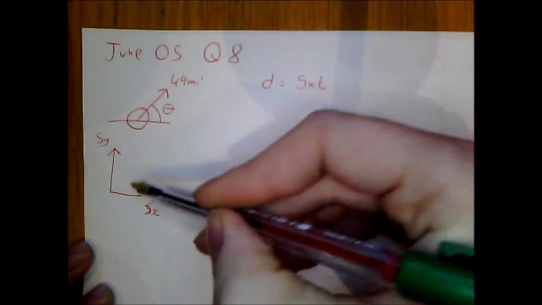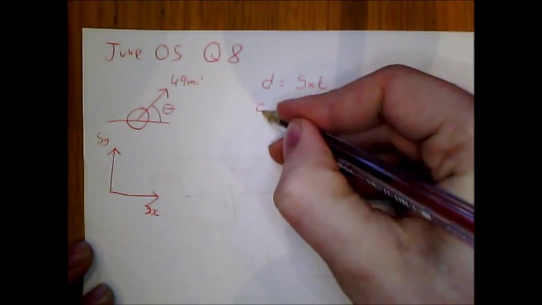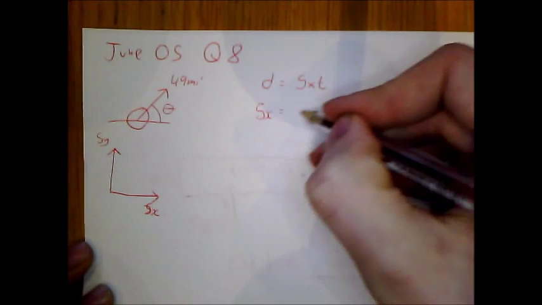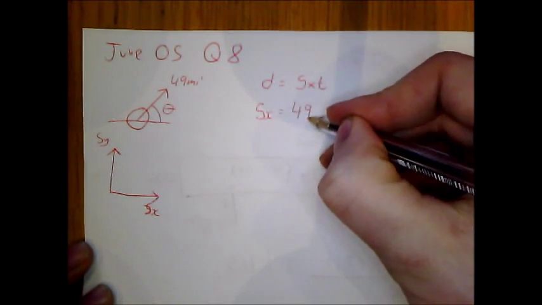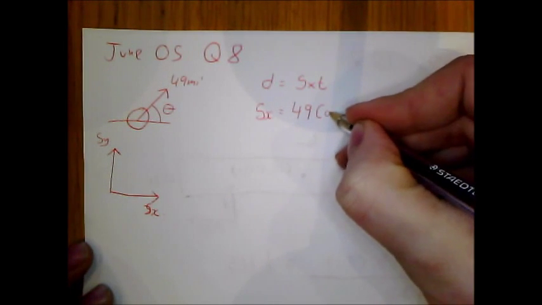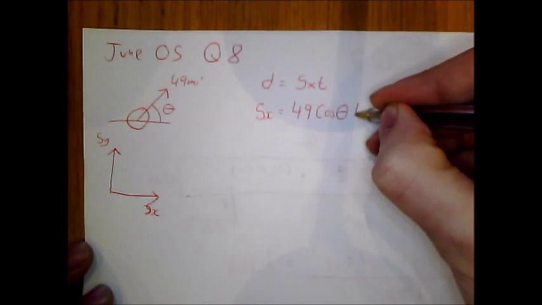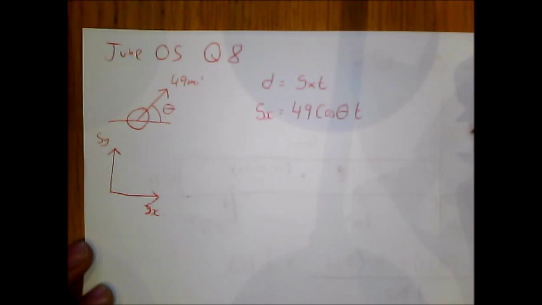Replacing with the values we want here, our distance is our displacement in x, our speed is 49 cosine theta multiplied by t. So sx equals 49 cosine theta t.